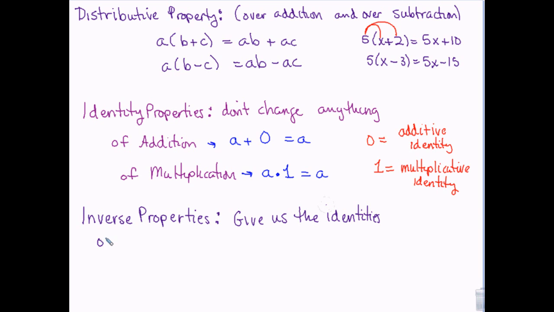Okay, so you have an addition one, and you have a multiplication one again. We want to get 0. So we want to add something to A that will give us 0. So we add negative A.